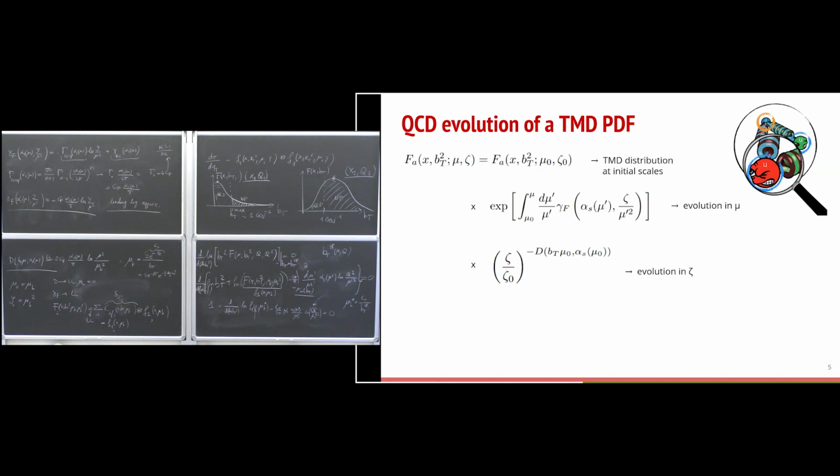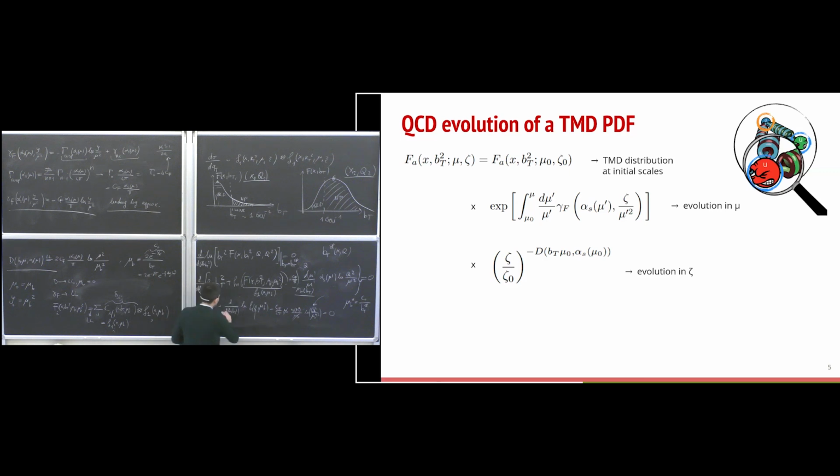We need alpha s, so we need to know the expression of alpha strong. And in principle, we also need to know how to calculate the bt dependence from this function here. This is the most tricky thing to do, and for now we operate assuming that we neglect this function.